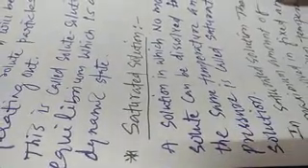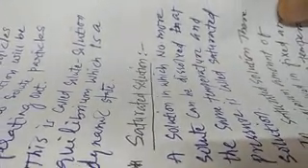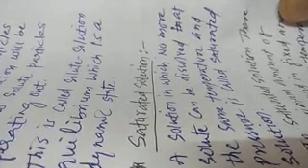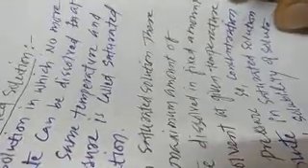Now let us understand the saturated solution. A solution in which no more solute can be dissolved at the same temperature and pressure is called a saturated solution. In a saturated solution, there is the maximum amount of solute dissolved in a fixed amount of solvent at a given temperature and pressure.